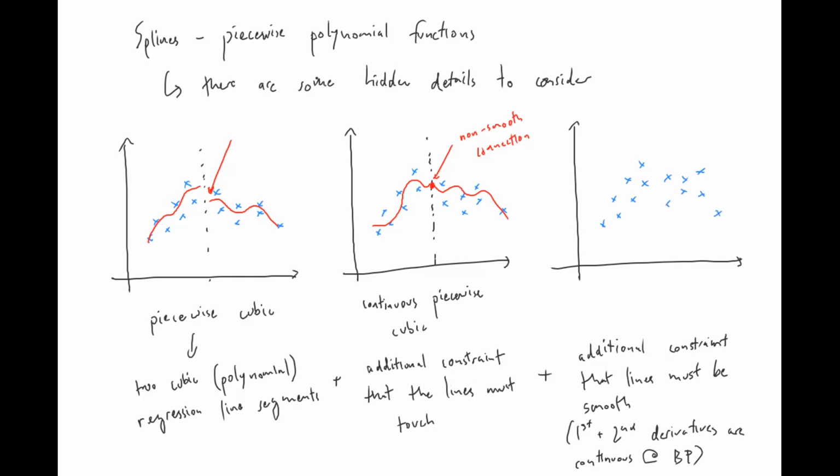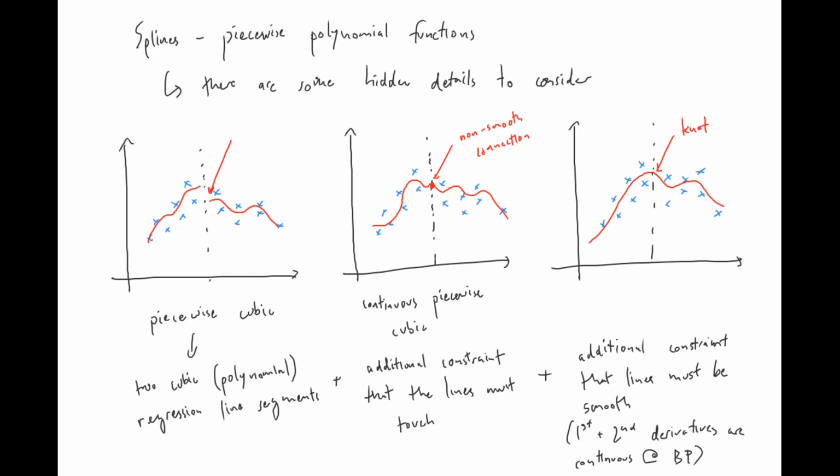And here we'll have some kind of smoothed out bit. And what's happening at the breakpoint here, this sort of smoothed out transition, is known as a knot.